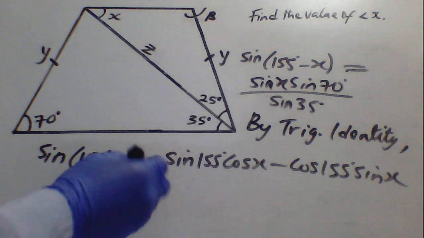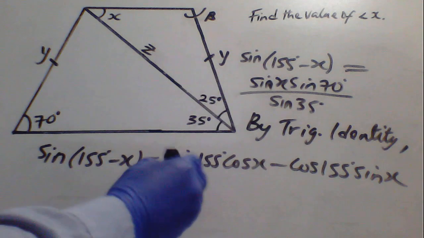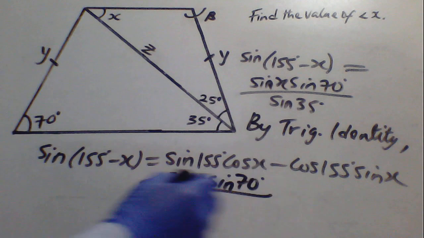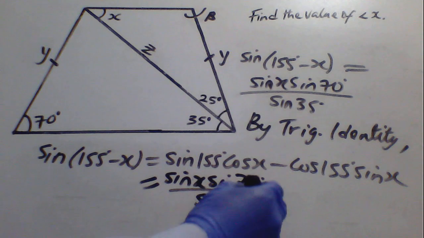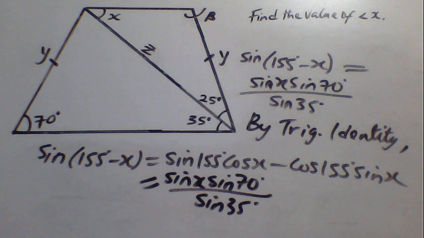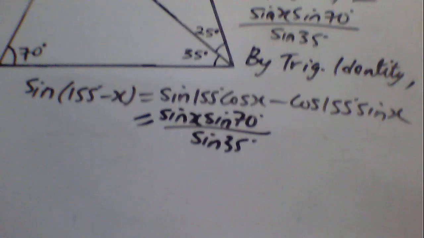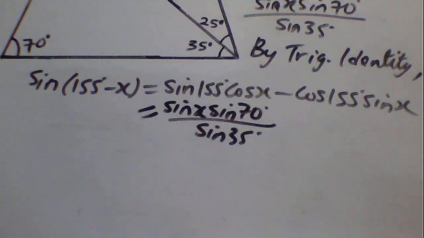So we can immediately equate it to sine x sine 70 divided by sine 35. So the next thing is to simplify the sine and the cos that have numbers in them.